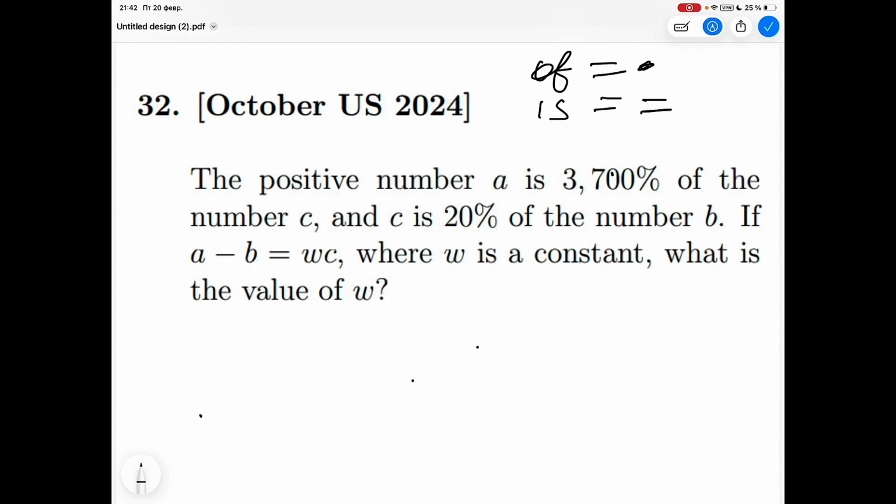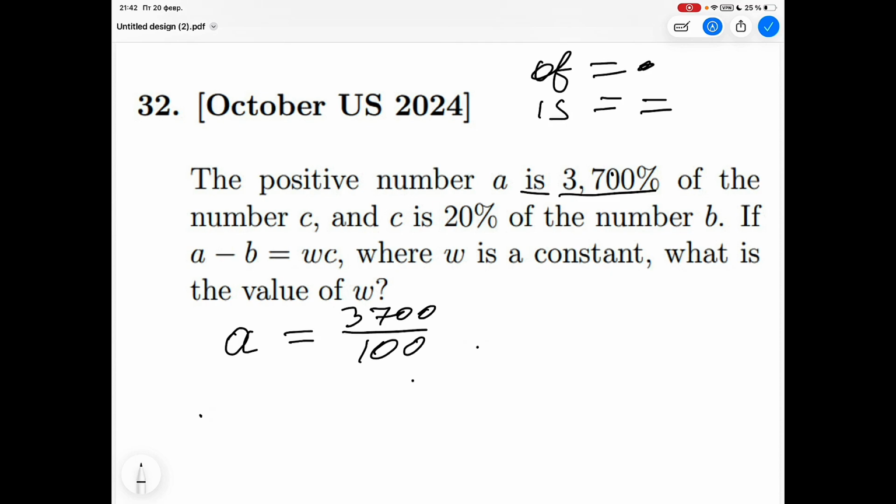The positive number A, I see the word is, which is the equal sign, this number. You can just directly divide it by 100 so that you get the decimal value of it. I'm going to leave it just like that.